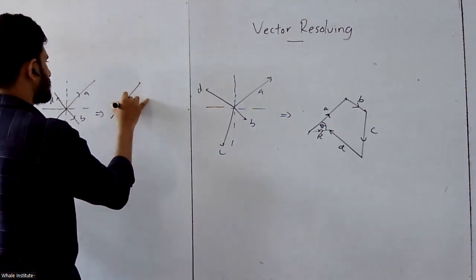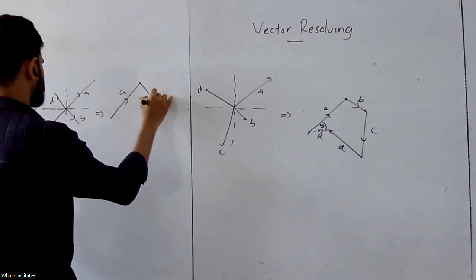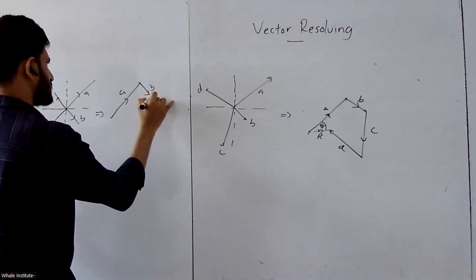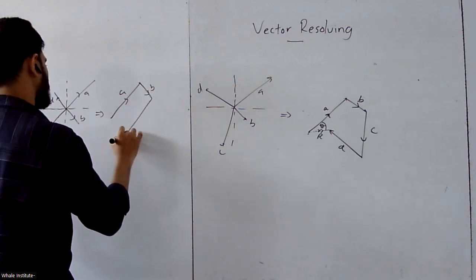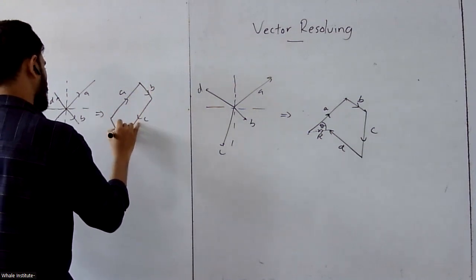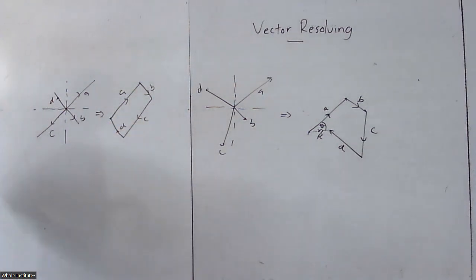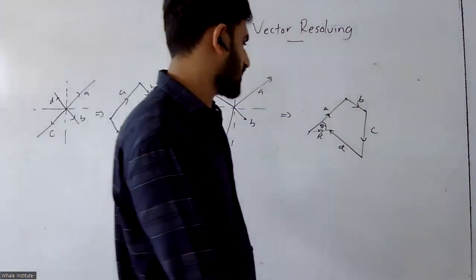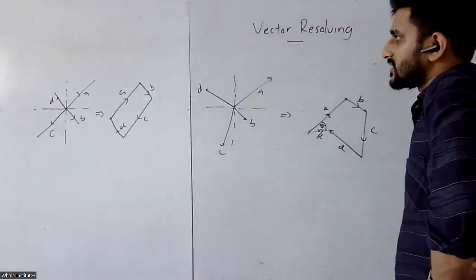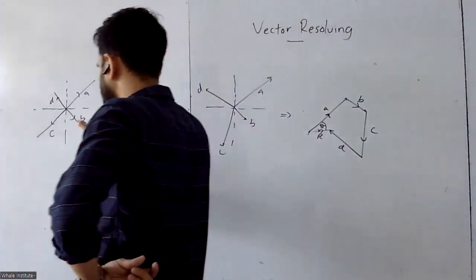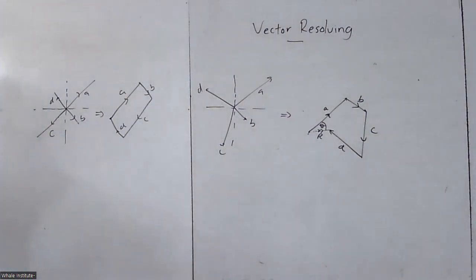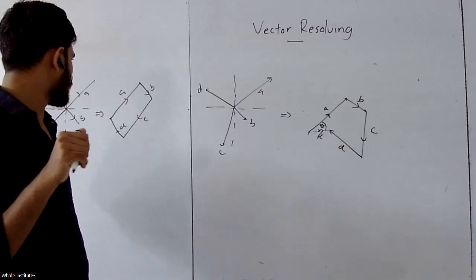And this is A, then this is B, and C is towards this side, and then D. So this is a closed figure, right? So there is no line to join the starting point and the ending point because they are both same, right? Starting point and end point එක වෙලා තියෙනවා. So this implies that there is no resultant for these four vectors.